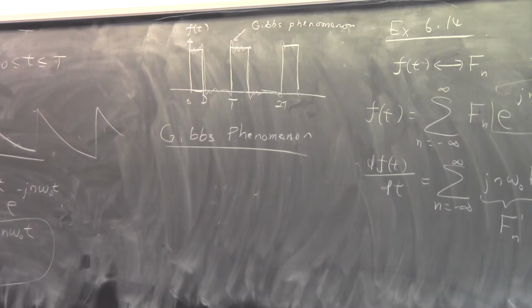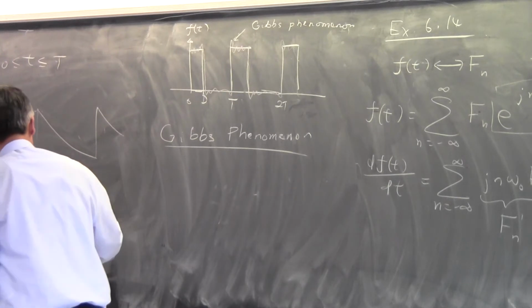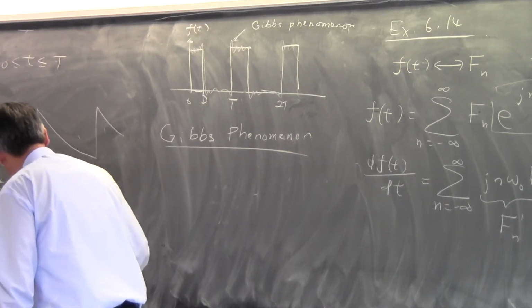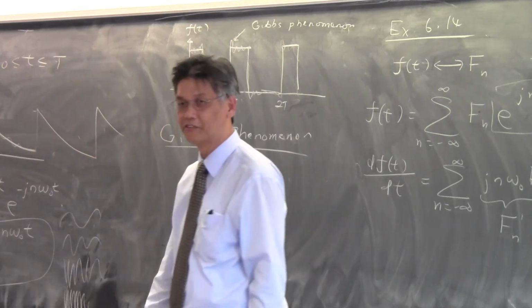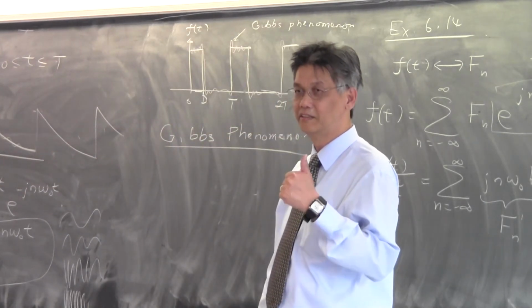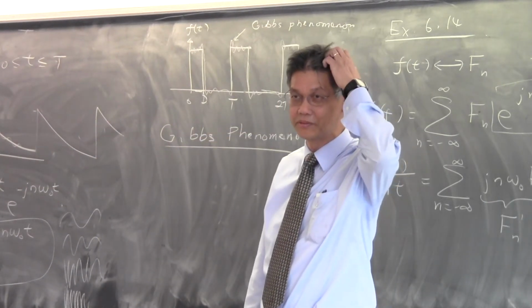Intuitively, you can understand it this way. When you do a Fourier series expansion, you're trying to represent the function with sums of Fourier modes. And all these Fourier modes have different frequencies. Some of them have low frequencies, then you get higher and higher frequencies, and finally very high frequencies. That is the principle of Fourier series expansion.